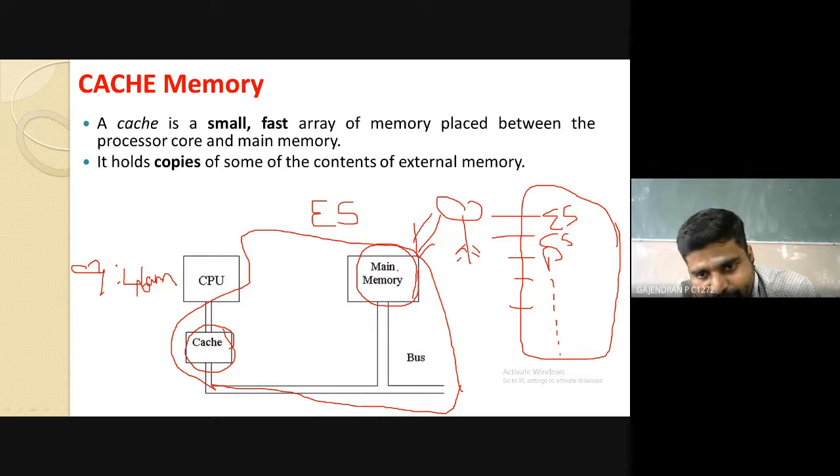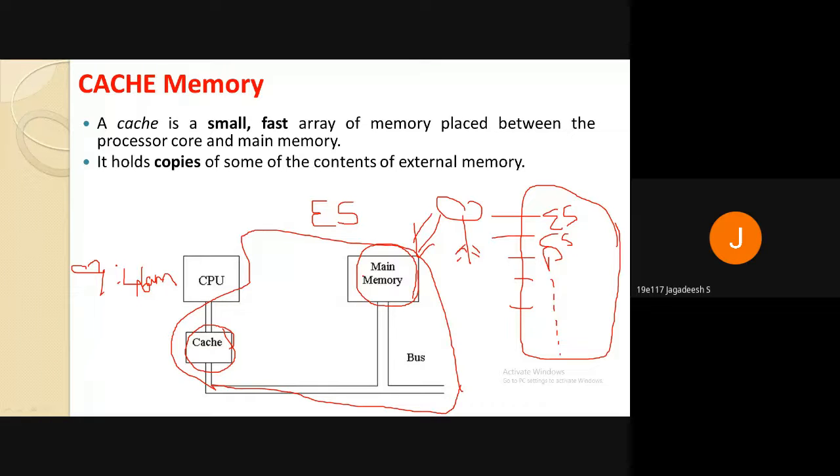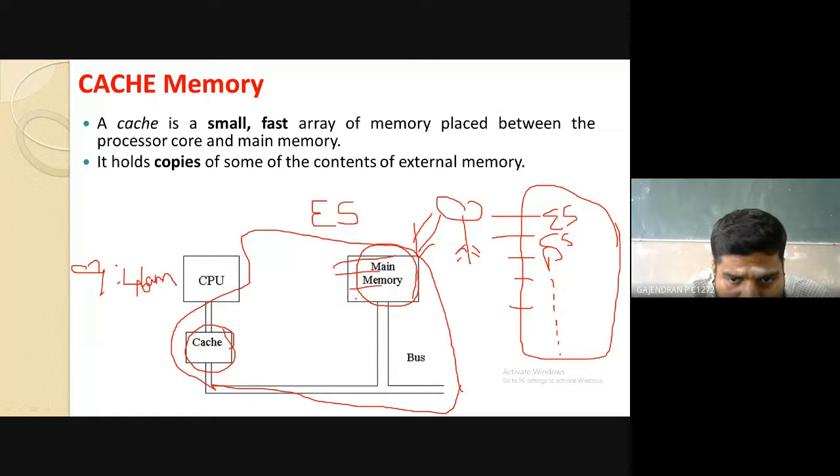Main memory, hello? Sir, the main memory has all the subjects. You have all the subjects, including embedded systems. In cache memory, whatever content we are discussing today, that alone we refer to again and again. Very simple.